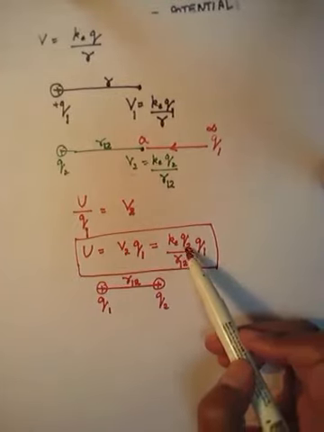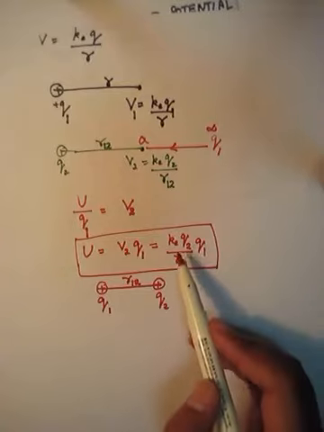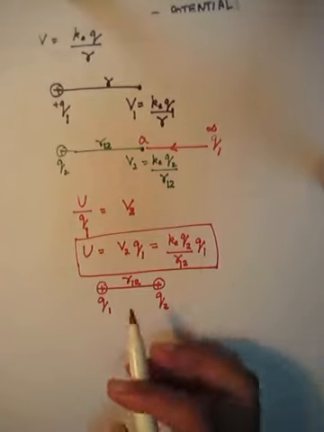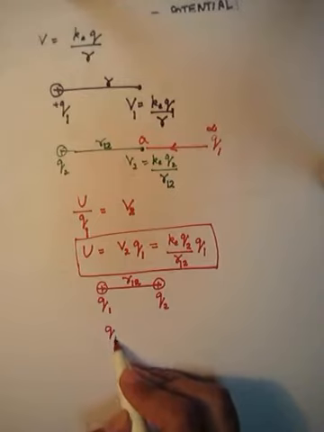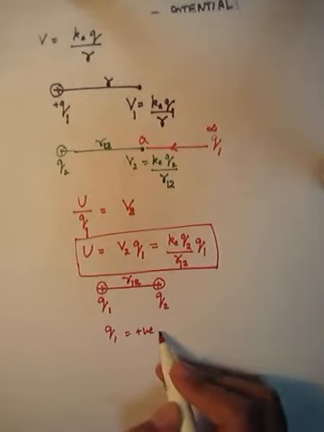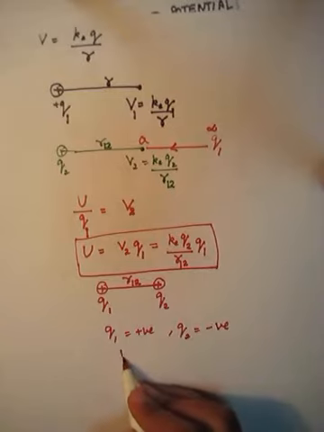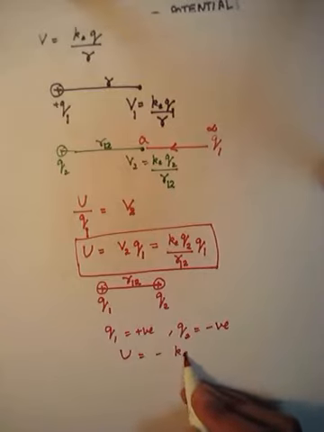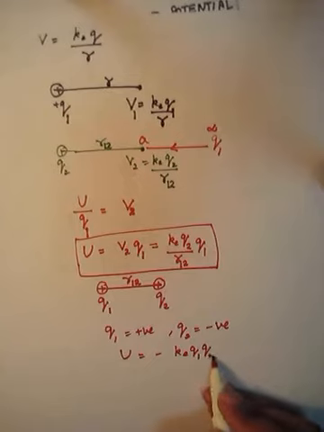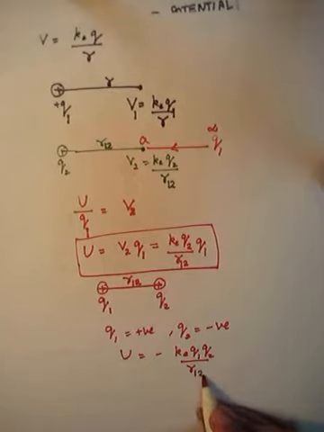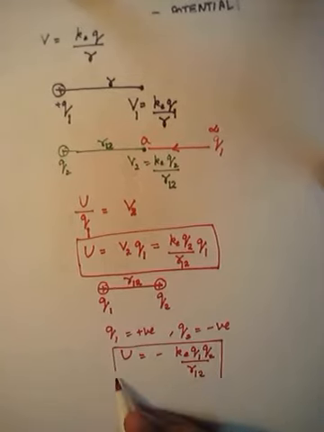So this potential energy will depend on these charges. If these charges are oppositely charged, suppose Q1 is a positive charge and Q2 is a negative charge, then the potential energy will be minus KE Q1 Q2 upon R12. So it will be a negative quantity.